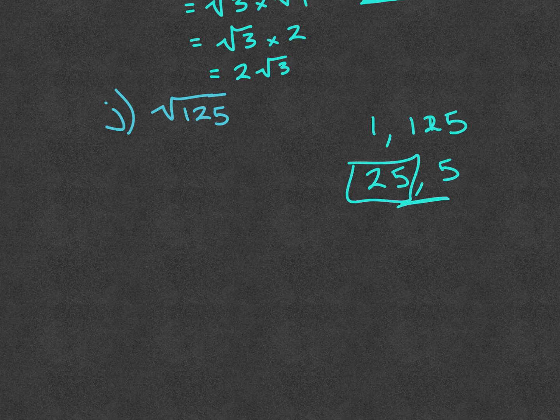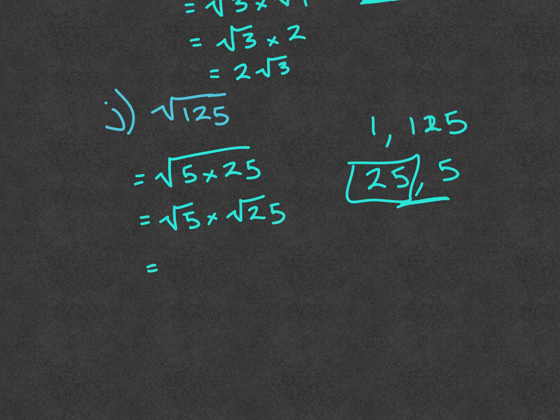So we're going to use this factor pair here. So the square root of 125 can be written as square root of 5 times 25, which equals the square root of 5 multiplied by the square root of 25, which equals root 5 times 5, which we rewrite as 5 root 5. That's how we simplify those.